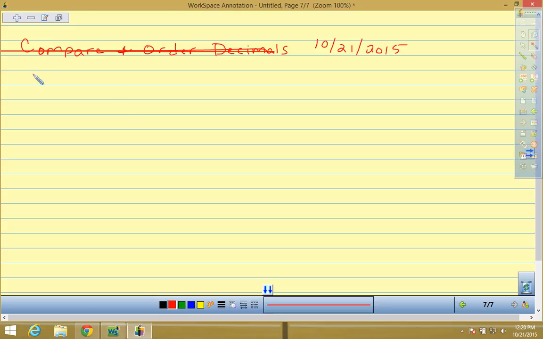Okay, first thing that we're going to talk about today are the symbols that we use to show comparison. Symbols to show comparison.